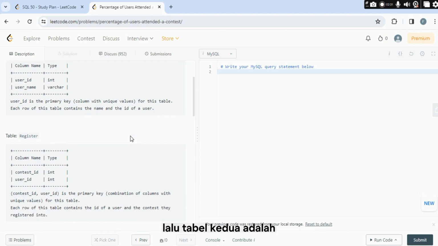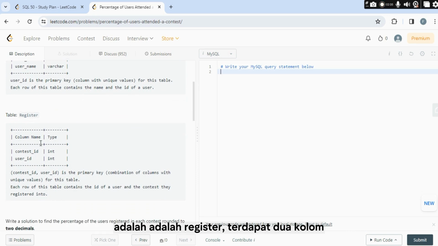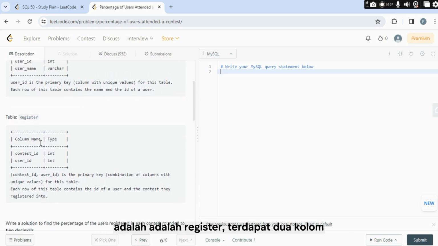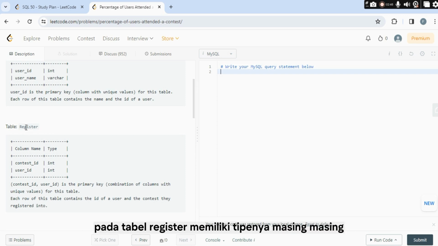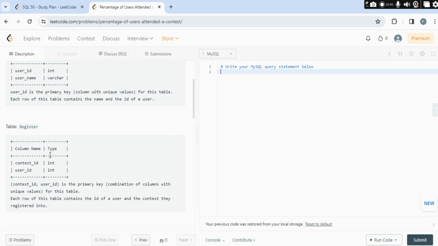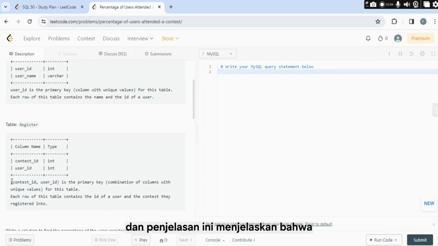The second table, register, has two columns, contest ID and user ID, both integer.